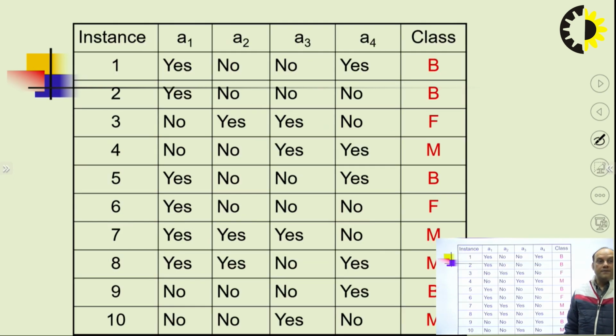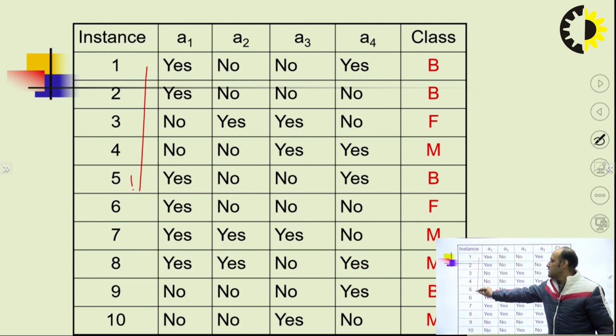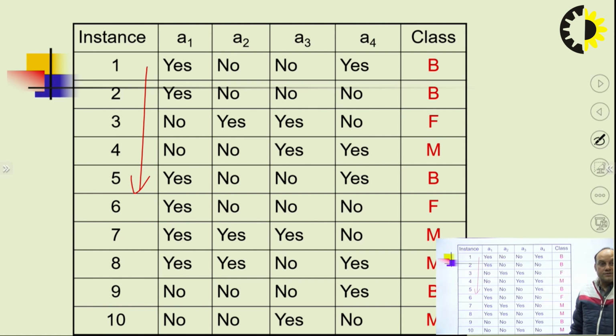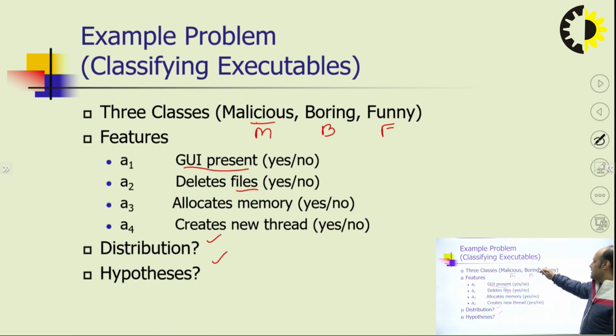For that, we have a number of instances. These are the four attributes, and these are the values. For example one, the first attribute A1 is yes, second is no, no, yes, and I have kept it in class B. B is boring.